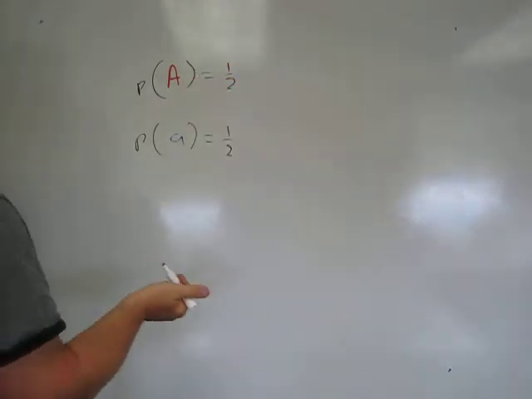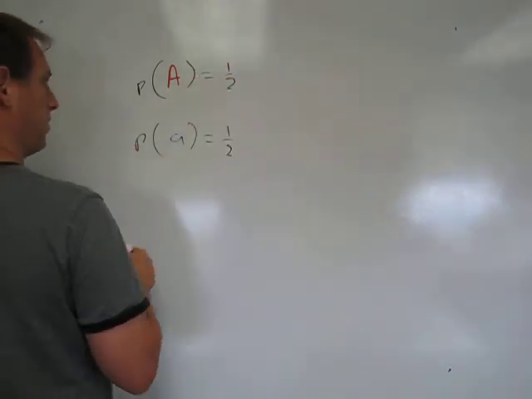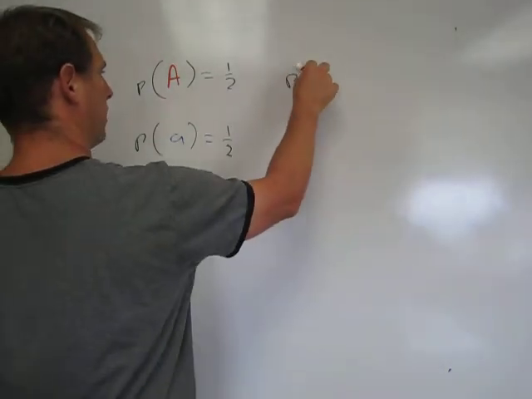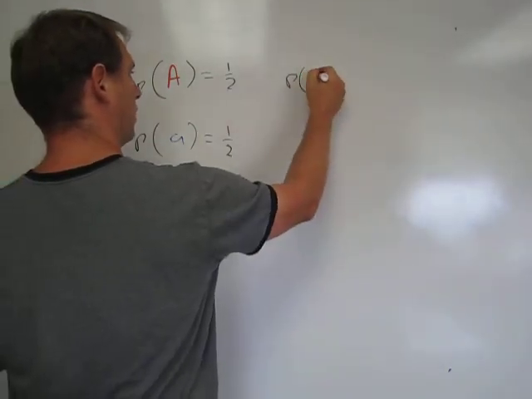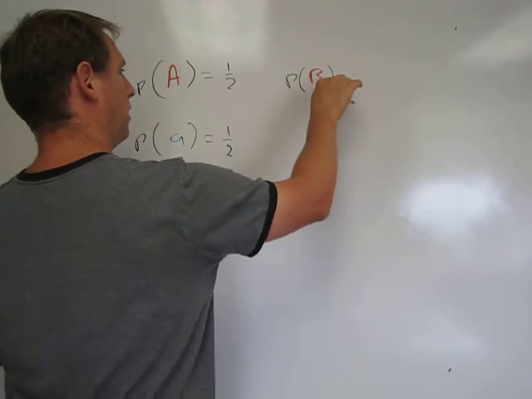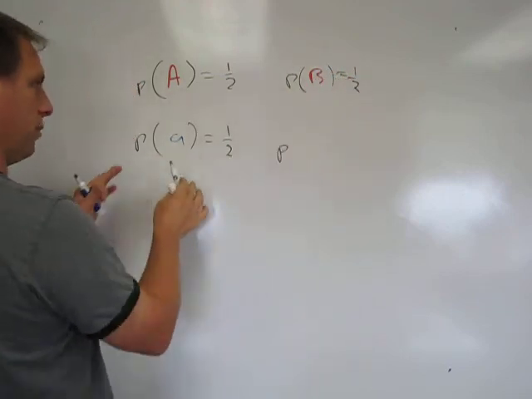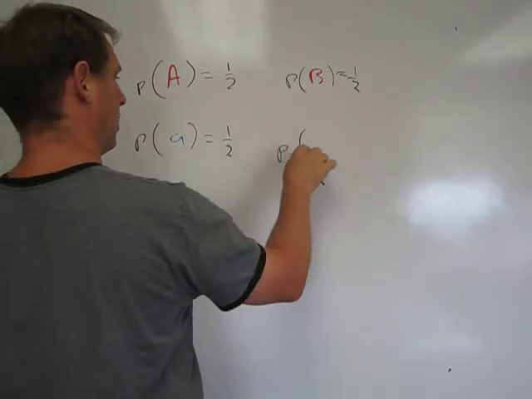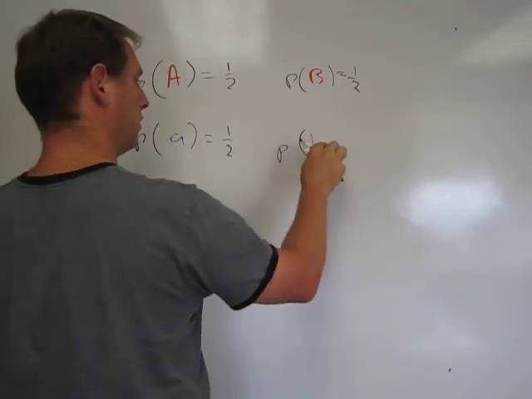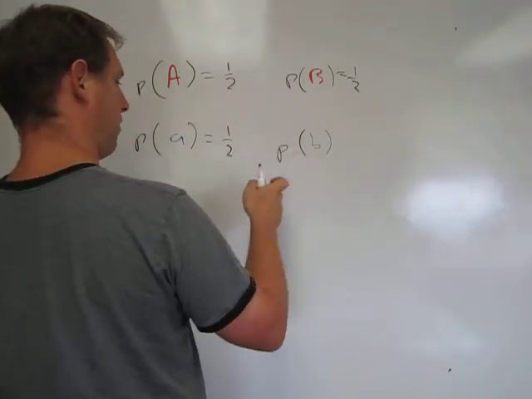And then forgetting about the A and just considering B, the probability that you get the B allele is equal to 1/2. The probability that, forgetting about the A locus, you get the little b allele is equal to 1/2.